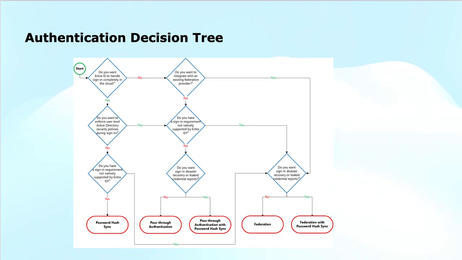If that is the case, then you will go towards password hash sync. But if you do not want the complete sign-in experience from the cloud itself, and you want something from on-premises, your password policies, or maybe the authentication itself, then go for alternate options. If your answer is yes, then do you want to enforce user-level Active Directory security policies during the sign-in?